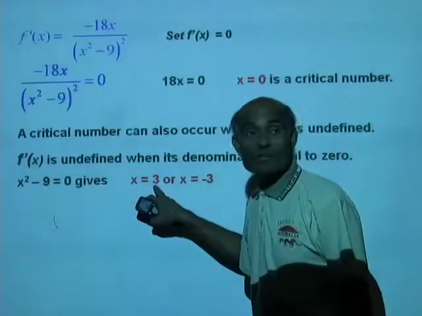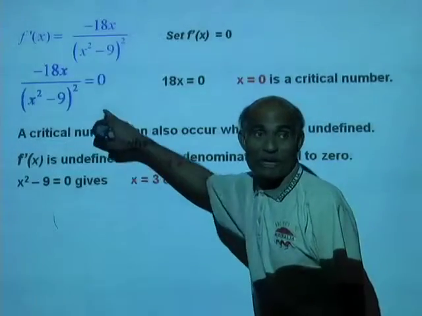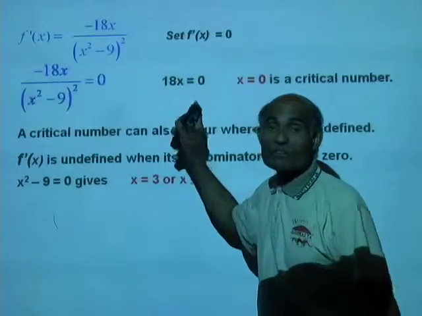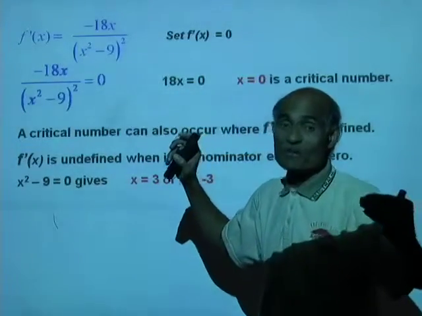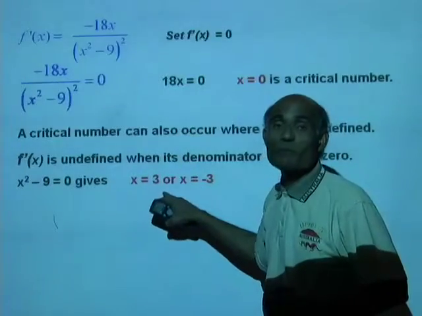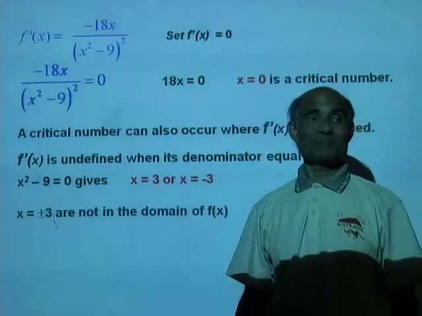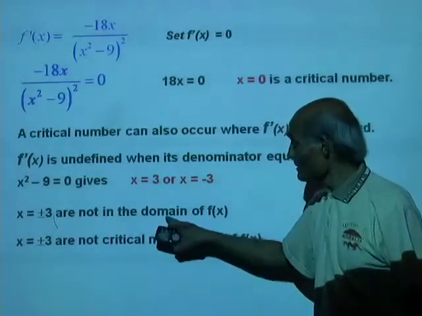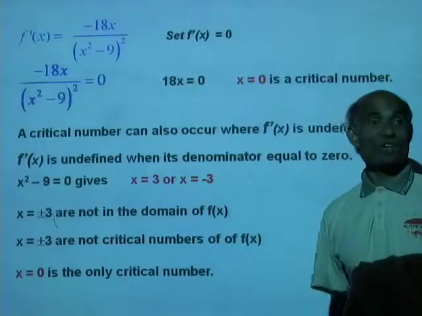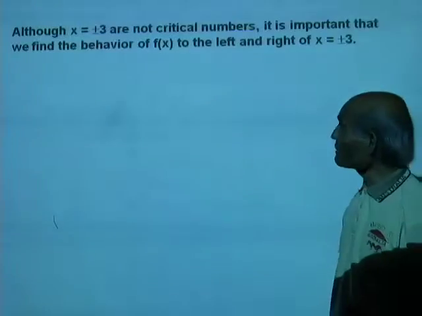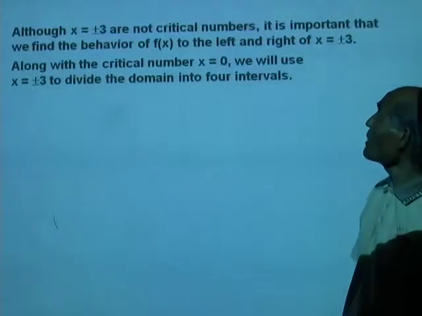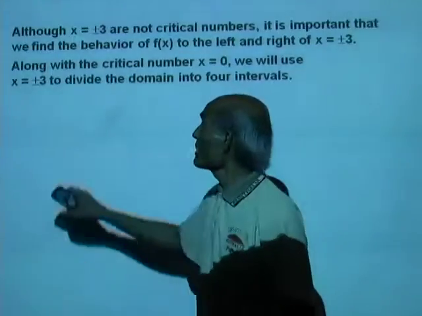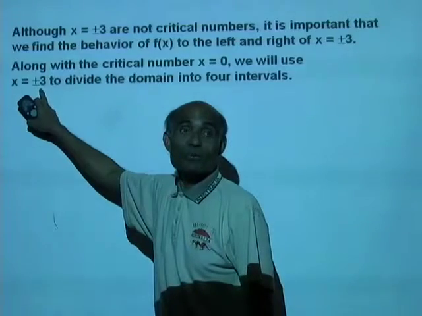So, when you have the numbers where the derivative is undefined and they don't belong to the domain of the function, we are going to call them partition numbers. Alright? Since they are not in the domain of the function, they are not critical numbers, and x equals 0 is the only critical number. But, as I said earlier, we are not going to throw these numbers away.